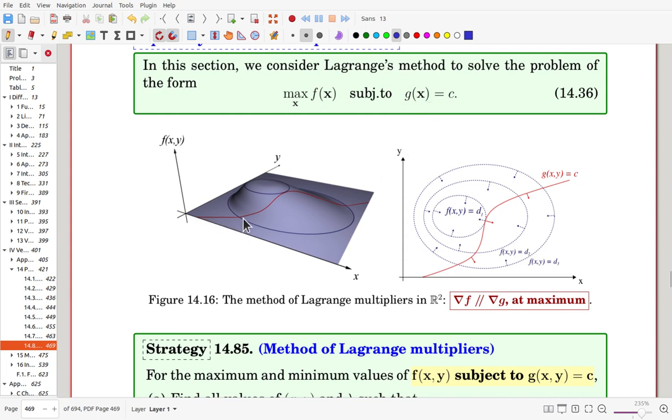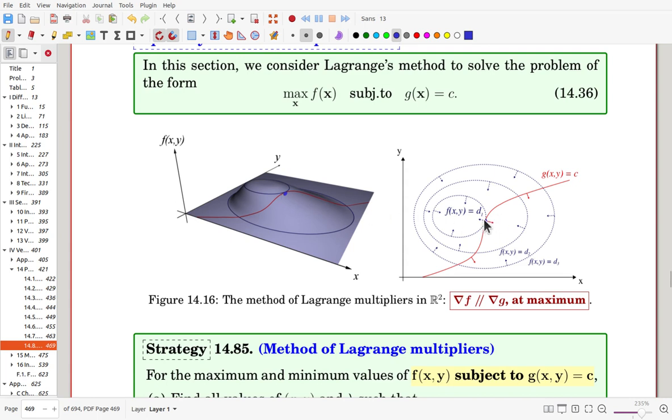So we have here a red curve, that is g of x equals c, so the maximum may happen at this point. Now we consider level curves of this function, then we have such contours, and that is the constraint. Now this is the corresponding point.